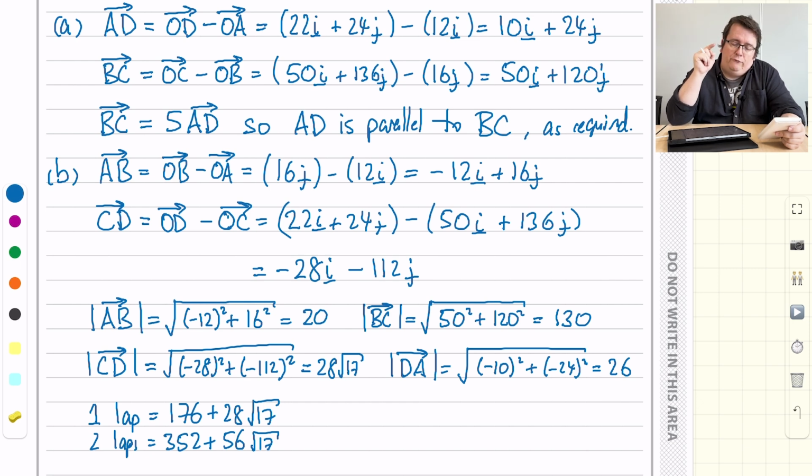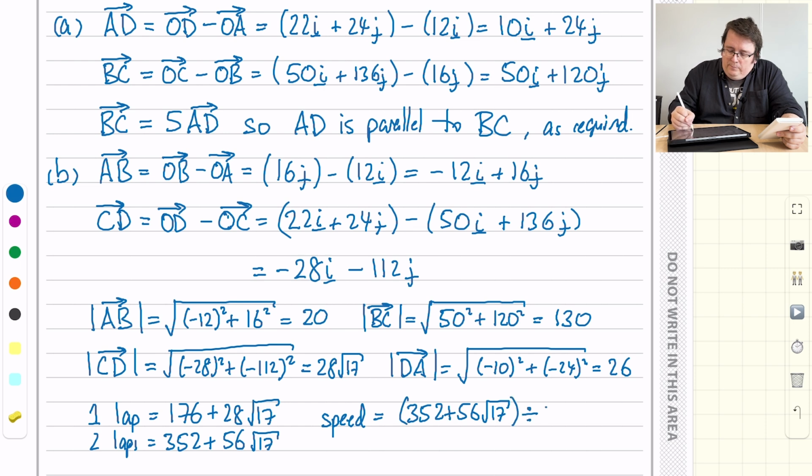We want to calculate the average speed of the runner in kilometers per hour. So the speed will be equal to 352 plus 56 root 17, which is in meters, so divide that by 1,000 to turn it into kilometers.